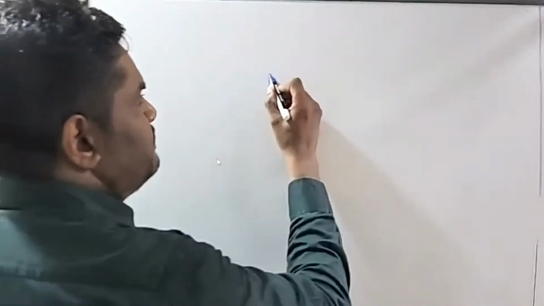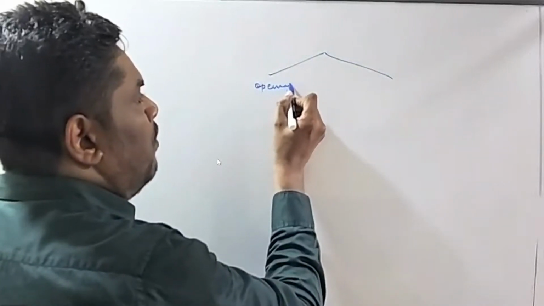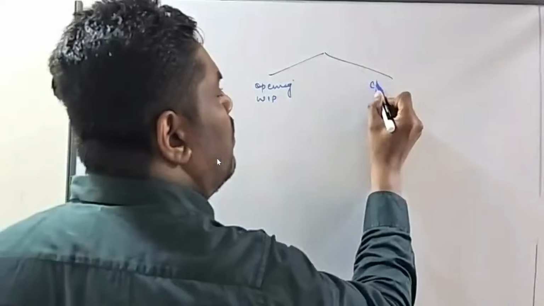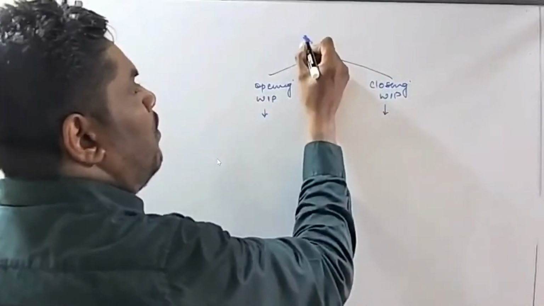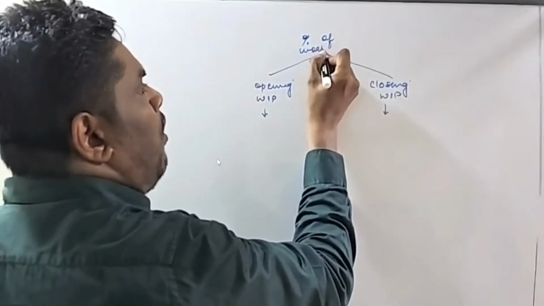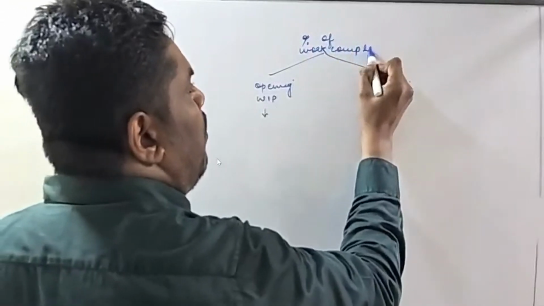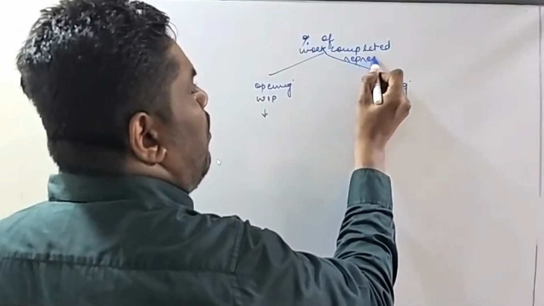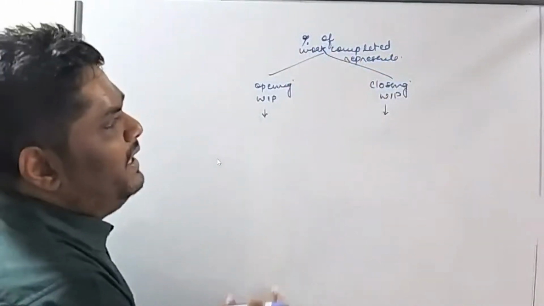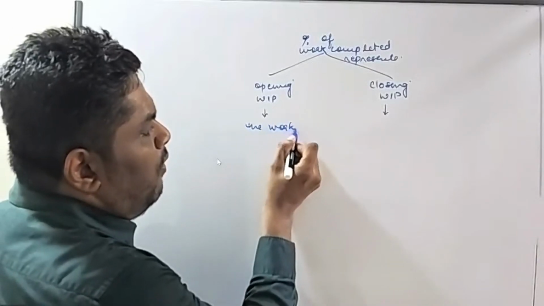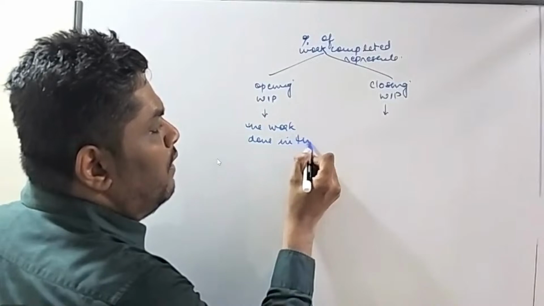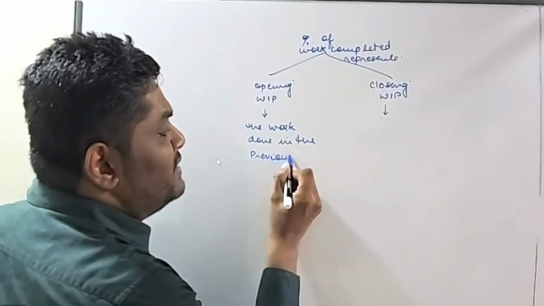I repeat again, I'm just writing this for your explanation because most of the students make this mistake. The percentage of work completed in respect of opening work in progress means the work done in the previous year.